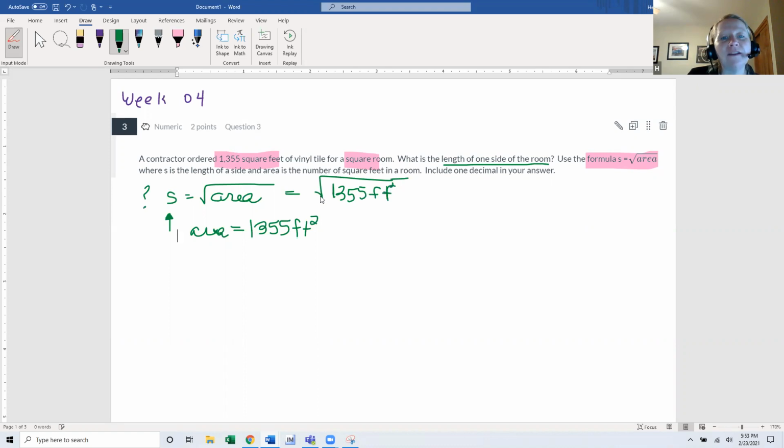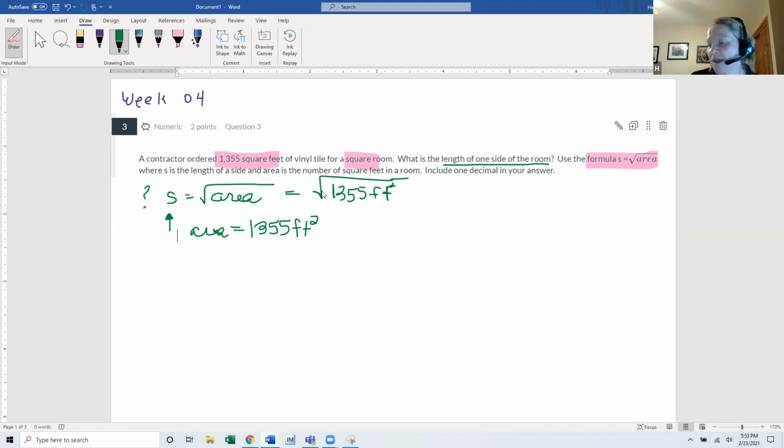So then if you plug that in your calculator, what do you get? It's the same answer. So you have to find the square root key on your calculator, right?